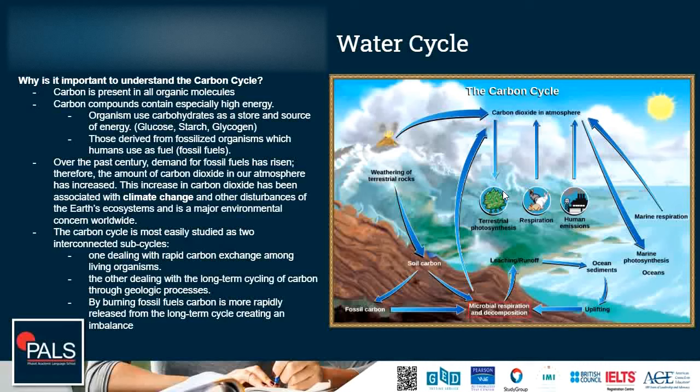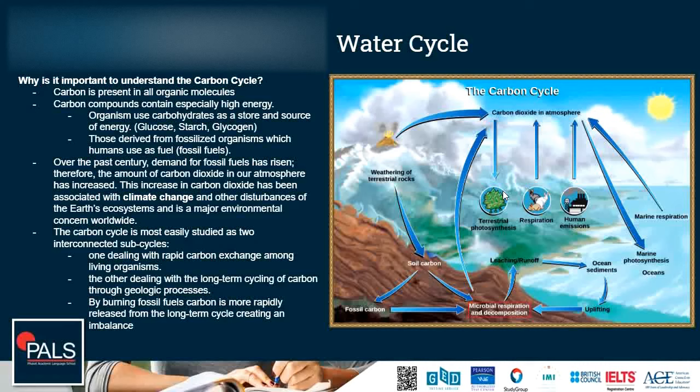One of the two subcycles deals with the rapid, very fast carbon exchange among living organisms and their surroundings. In terms of geological timescales, molecules don't spend a very long time in the body of an organism, be it a plant, tree, or human, or another animal.